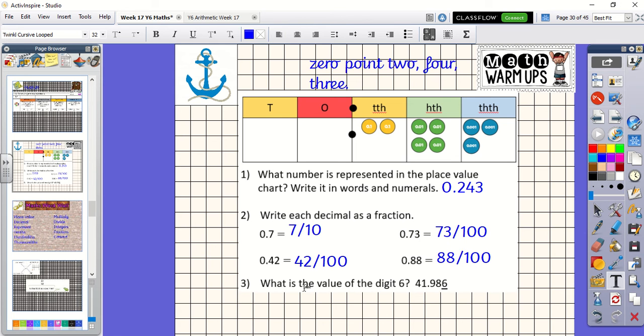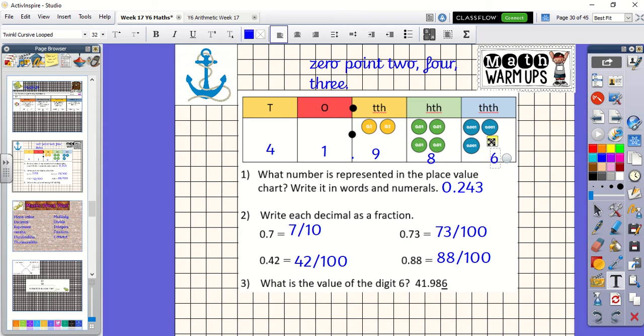And then lastly, we have got what is the value of the digit 6 in 41.986. So if we put that in our place value chart, we would have 41, put our decimal point in, 0.98 and 6.